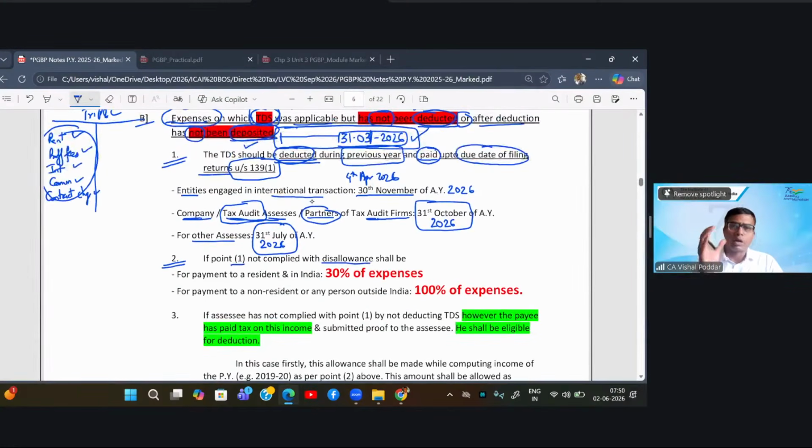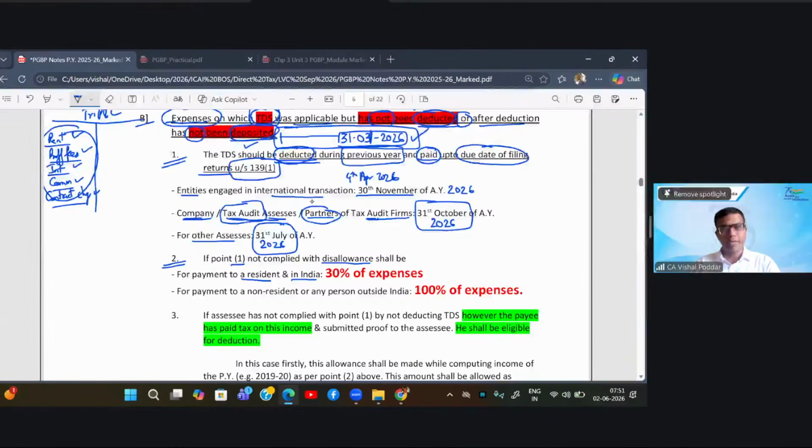Now, importantly, how much? For this, there are two possibilities. First, you have to check whether this payment, like in my example rent, professional fees, interest, commission, contract charges, etc., for which you have not satisfied the condition given in point number one, is made to a resident of India and is it made in India?